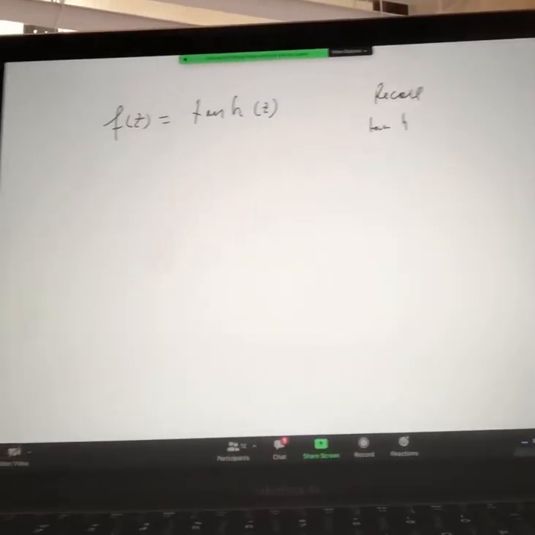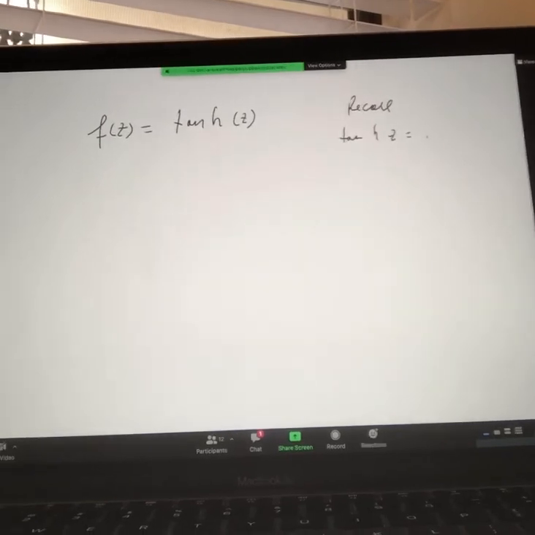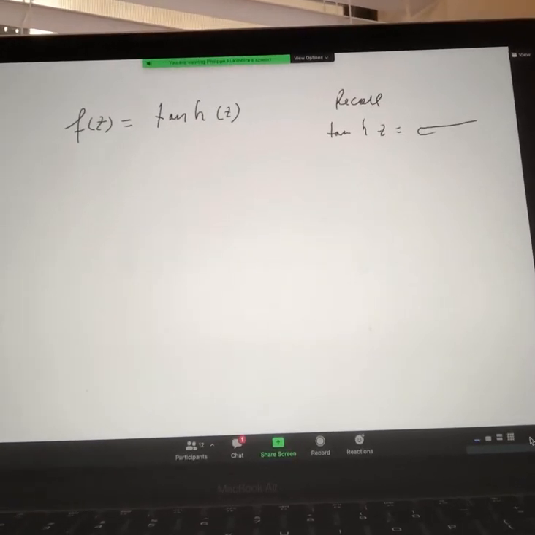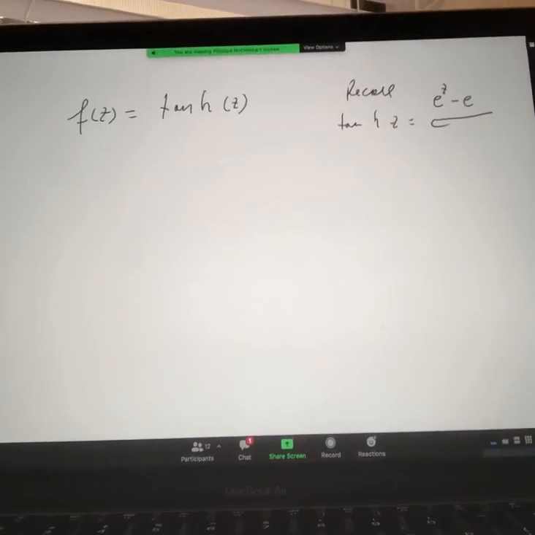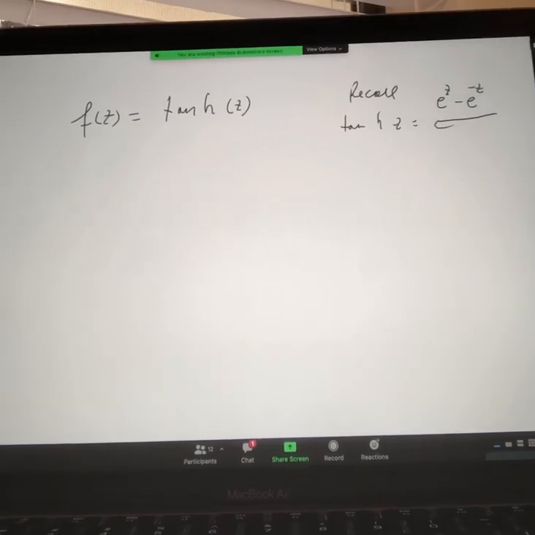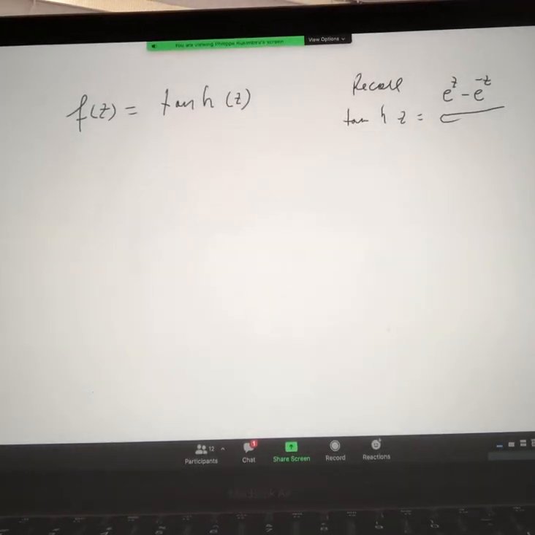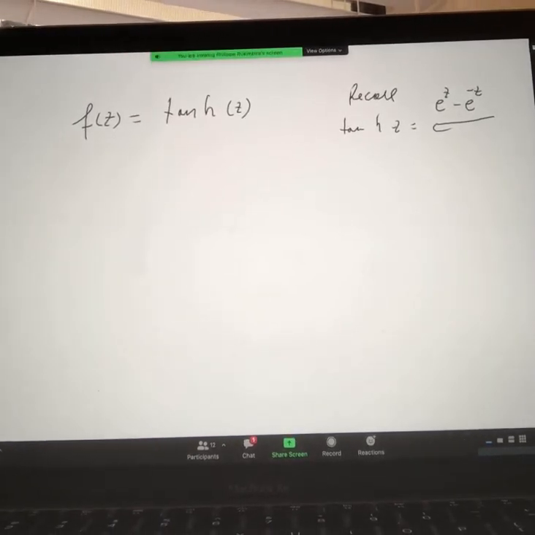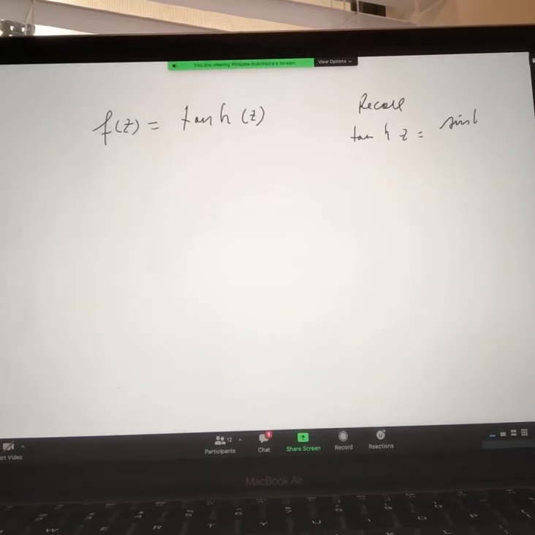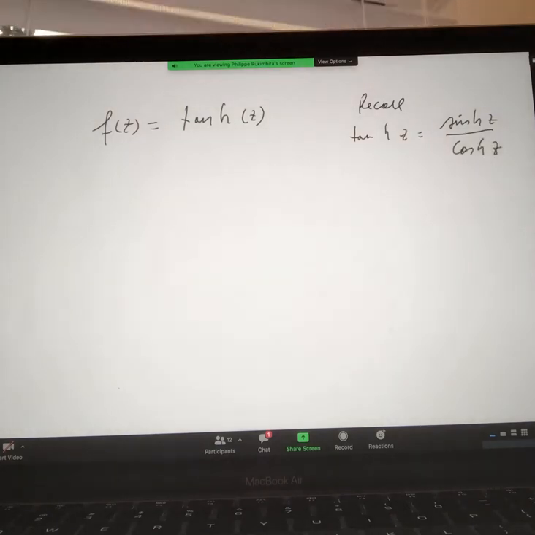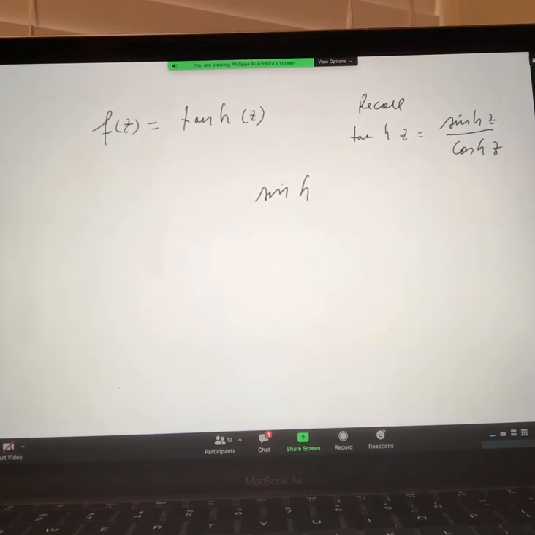Hyperbolic tangent of z is hyperbolic sine over hyperbolic cosine. And then how did we define a hyperbolic sine of z?